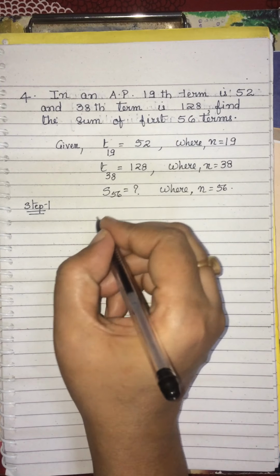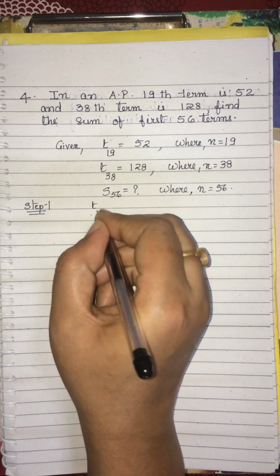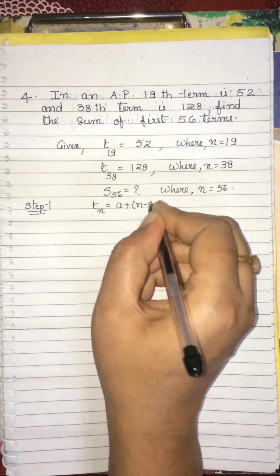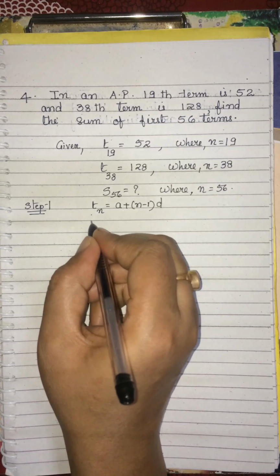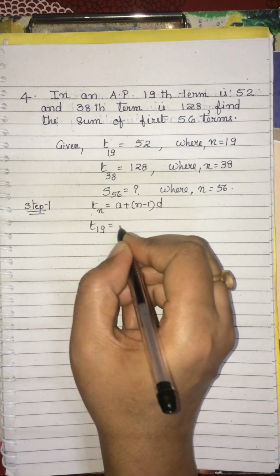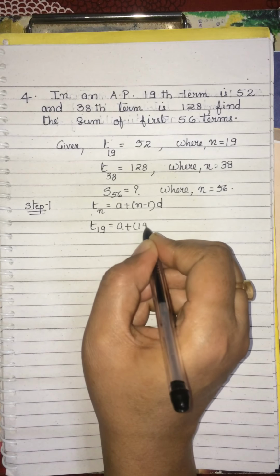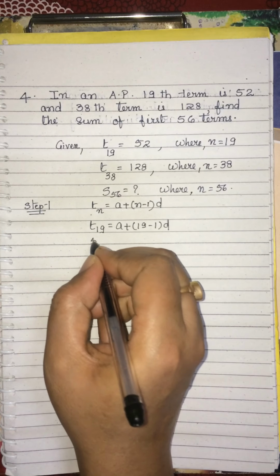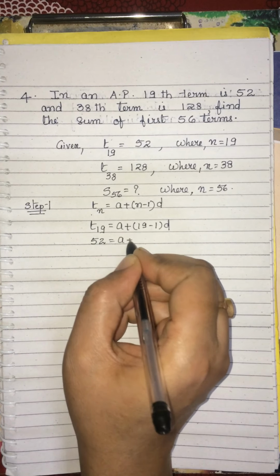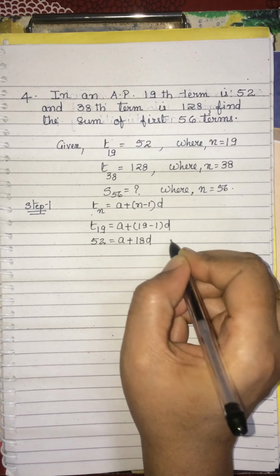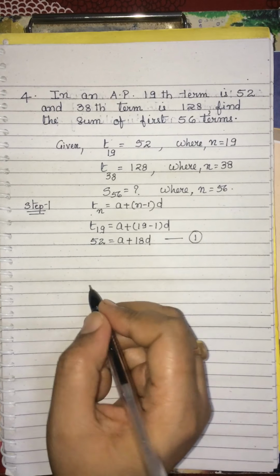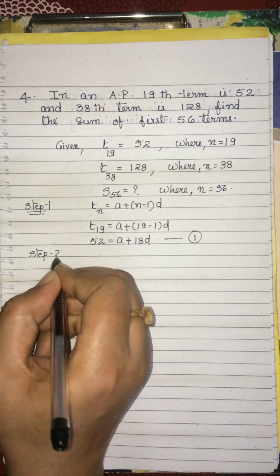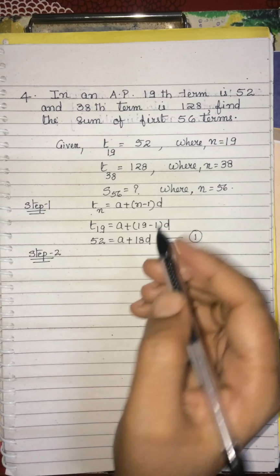Here, first of all, when it is T19, let us see what is done with it. Take the general term first. For T19, a plus, in place of n, 19, and the value of T19 is 52. So a plus 18d is 52, the first equation. Let us see what we get with the second equation, that is 38.